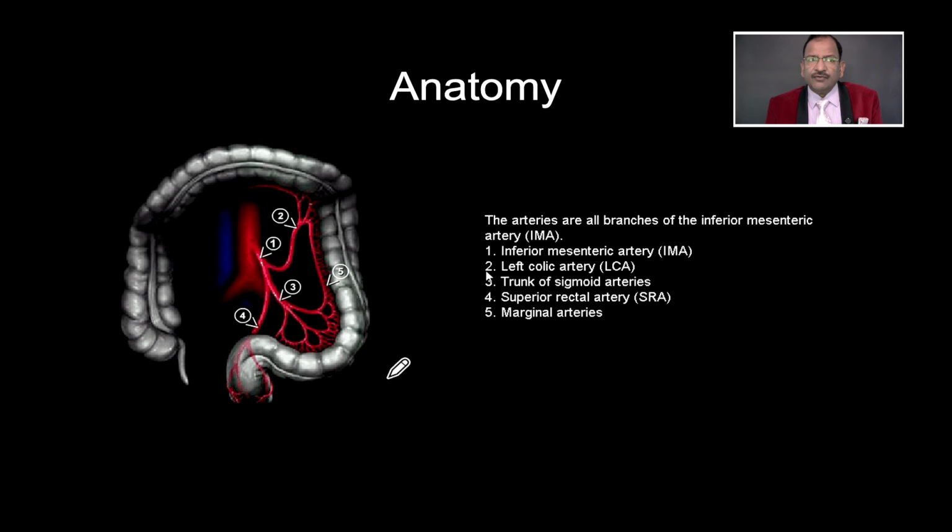Colorectal surgery is of two types. One is for benign, the other is for malignant. If you are operating for benign disease, it is not necessary to do the medial approach first. You can combine medial and lateral alternately.